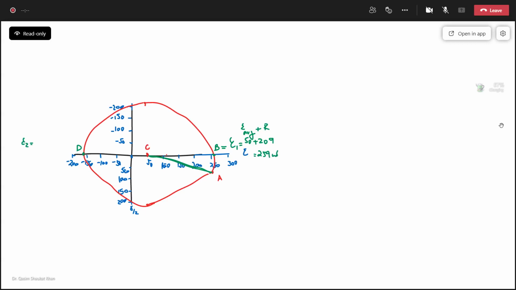और ये आपका E2 या epsilon 2 ये बन जाएगा आपका 50 minus 209, और ये है आपका epsilon average minus R, और ये कितना बन रहा है जी, minus 159 microstrains.